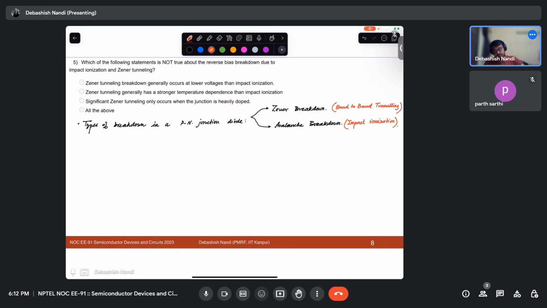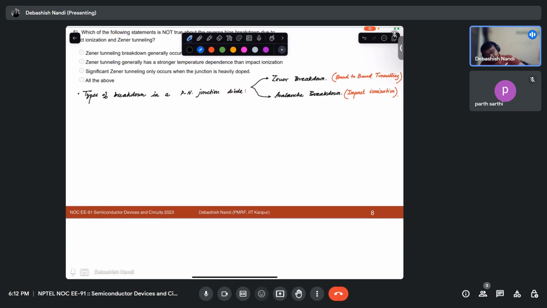Let me first briefly discuss Zener breakdown. Let me go step by step. The band diagram of a PN junction is like this, right?